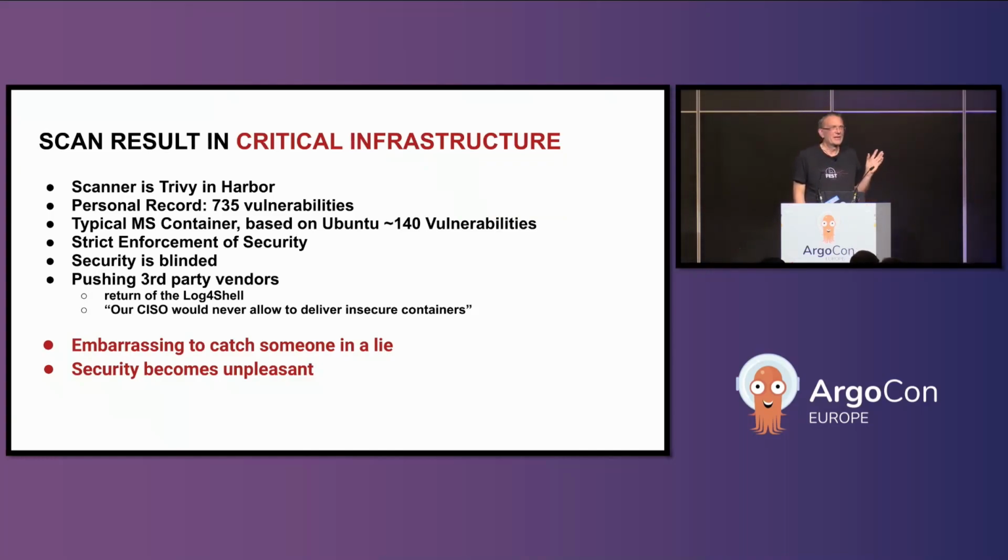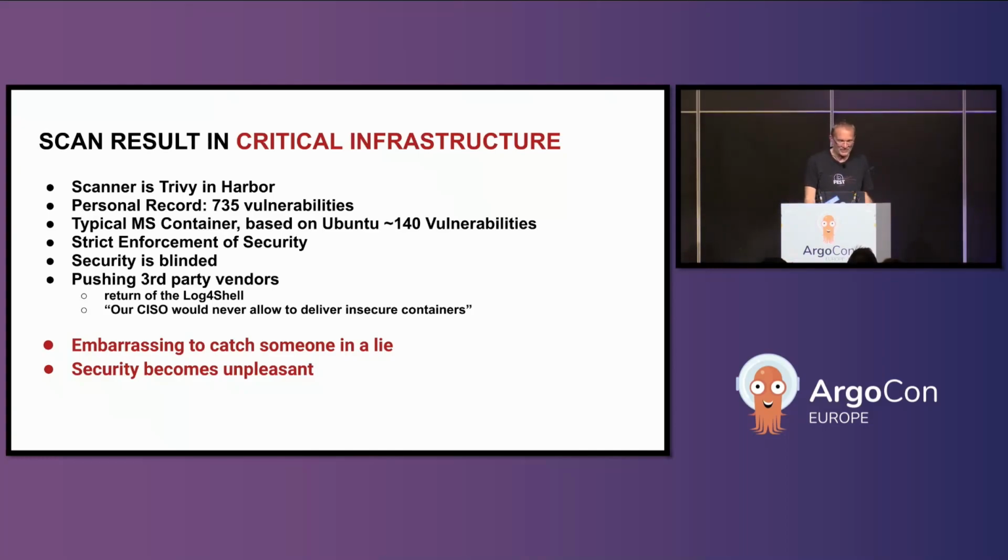And we are pushing back, and then you see, okay, it's getting better and better, and sometimes you see a regression, like from one day to another, we had a Log4Shell container in critical infrastructure. And then we talked to the vendor, and the first statement before that was our CISO would never allow us to deliver insecure containers. And then you can show him, you delivered a Log4Shell.